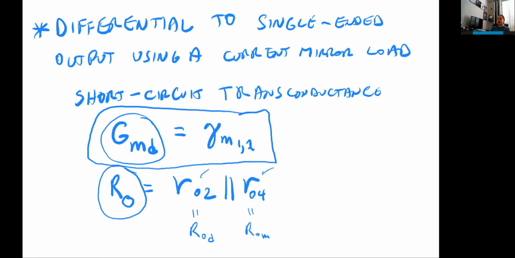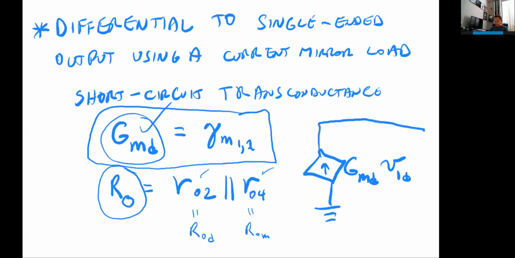So now I can abstract those 4 transistors, or the differential pair loaded with the current mirror, as a single transistor, which is going to look like a transconductance, the one that I found here, that abstraction, times the differential input voltage.